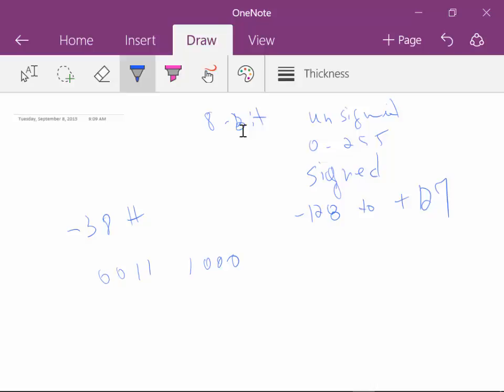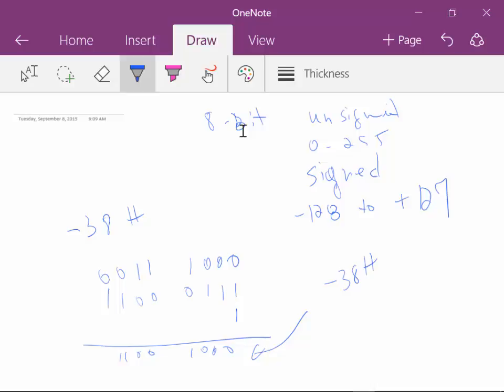It's a 2-step process. I invert each bit: 1 1 0 0 0 1 1 1. I add a 1 to it, and I end up with 1 1 0 0 1 0 0 0. This happens to be negative 38 hex in 2's complement form.